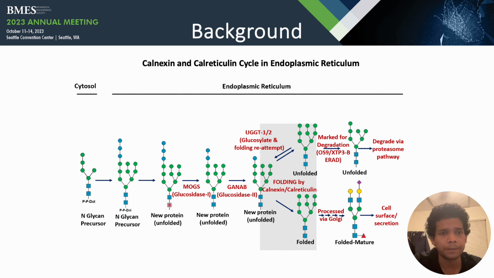After that, during the co-translation of the proteins, this N-glycan precursor is added to the newly translated proteins, and then it interacts with MOGS and GANAB, so that one of the glucose residues is trimmed off by MOGS and GANAB, and then the newly translated proteins interact with calnexin and calreticulin so that they can acquire their native structure.